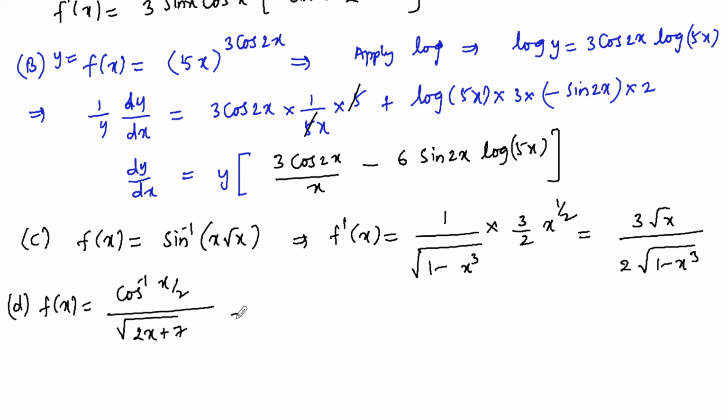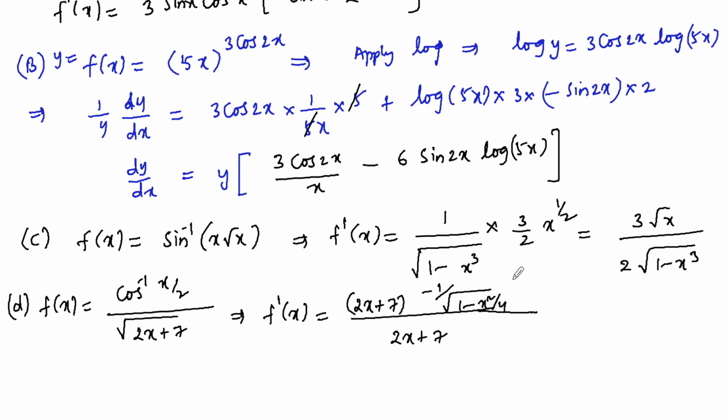Let us differentiate. f dash of x is equal to, so in the denominator root over 2x plus 7 whole square will come, 2x plus 7, into 2x plus 7 into d by dx of cos inverse x by 2, that is minus 1 by root over 1 minus x square by 4 into d by dx of x upon 2, that is 1 upon 2, minus cos inverse x by 2 into differentiation of root over 2x plus 7, that is 1 by 2 root of 2x plus 7 into differentiation of 2x, which is 2. So you can cancel these both.